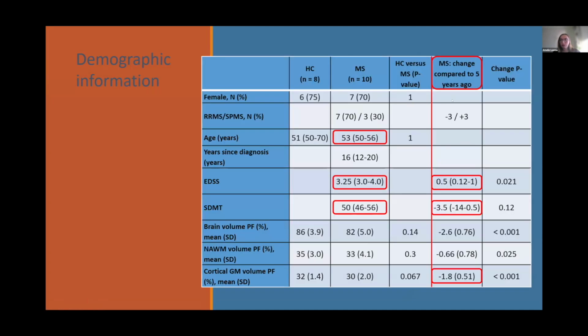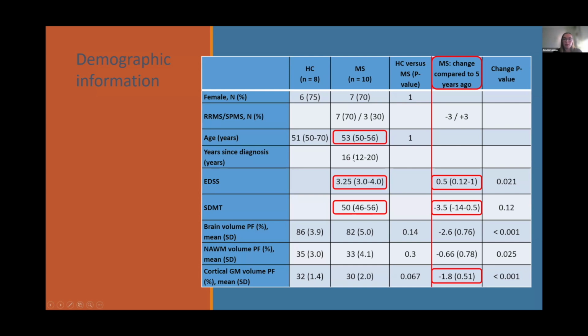So here's the demographic table. This is a bit of an overkill, but I will walk you through this. On the left-hand side, you can see the demographic data at the time of the PET imaging. So 8 healthy controls and 10 MS patients. And you can see that the two groups in terms of sex and age were well matched.